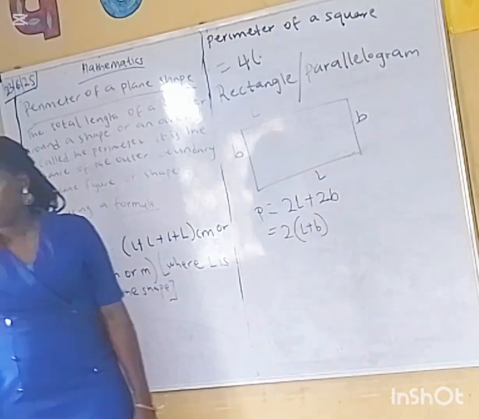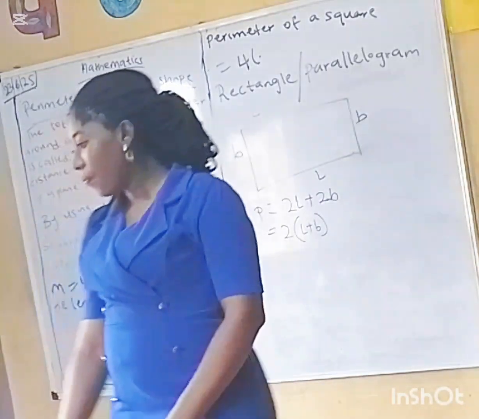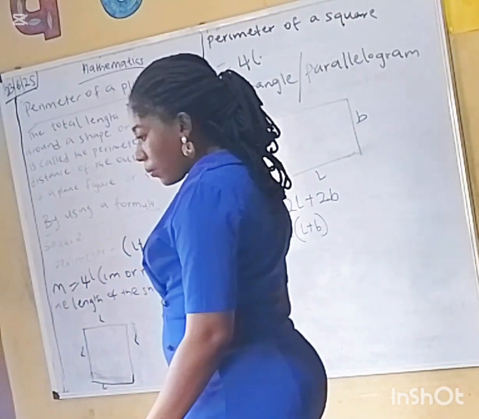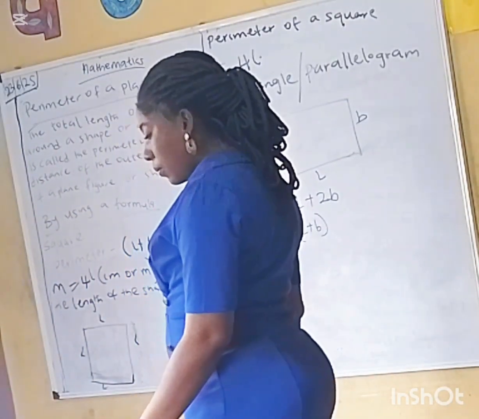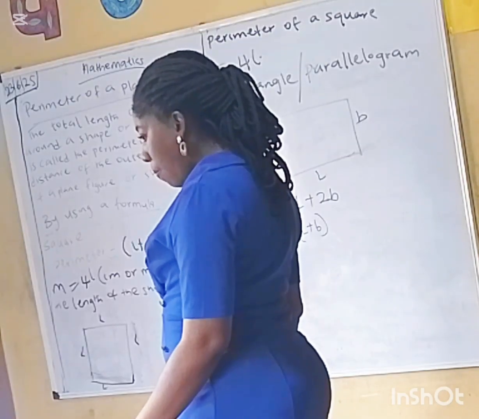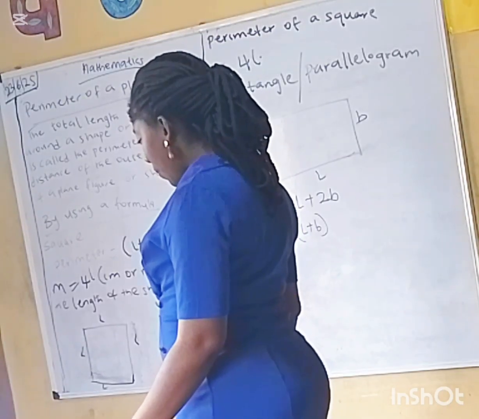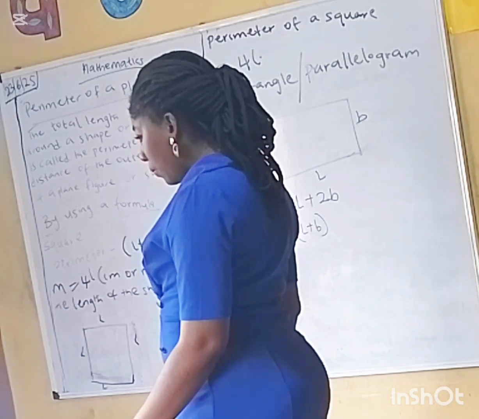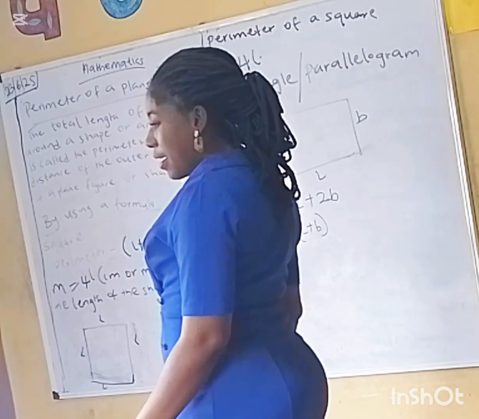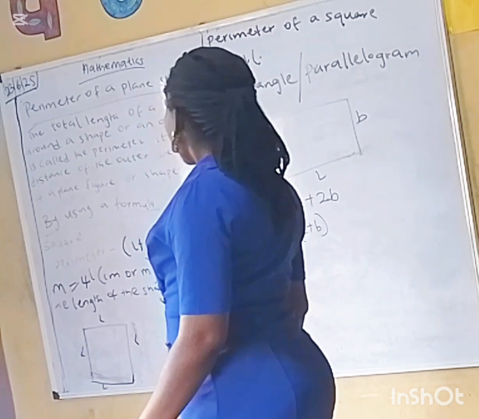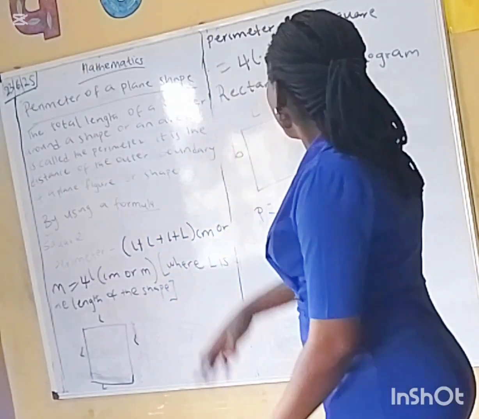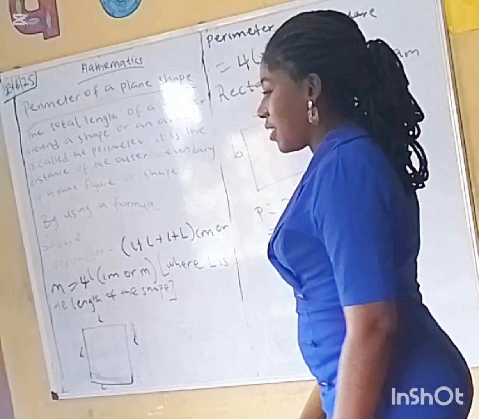You have a question? One minute. How will we get the number that is 2? Like the length, what number is one length? You will be given that. They don't give us in this one. You just have to know the formula first.